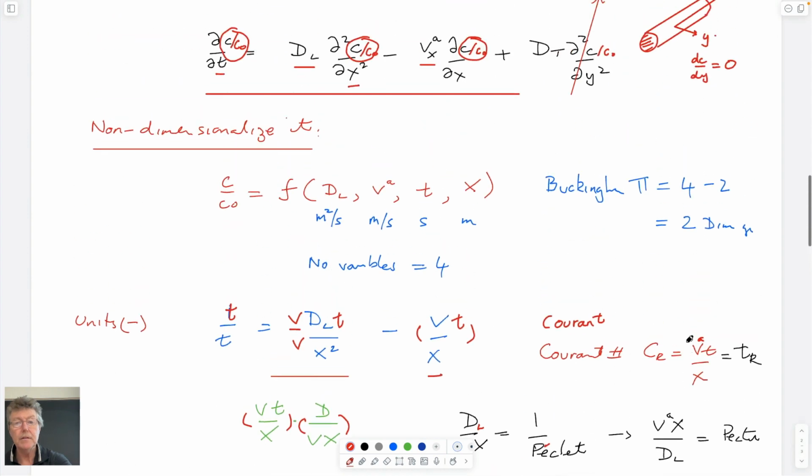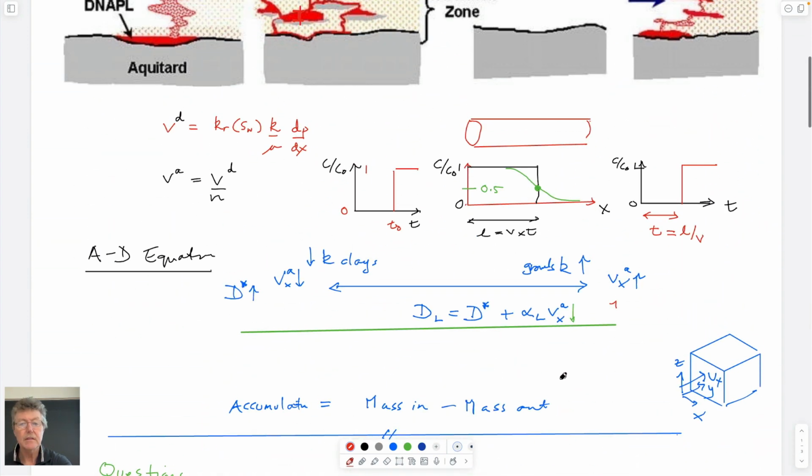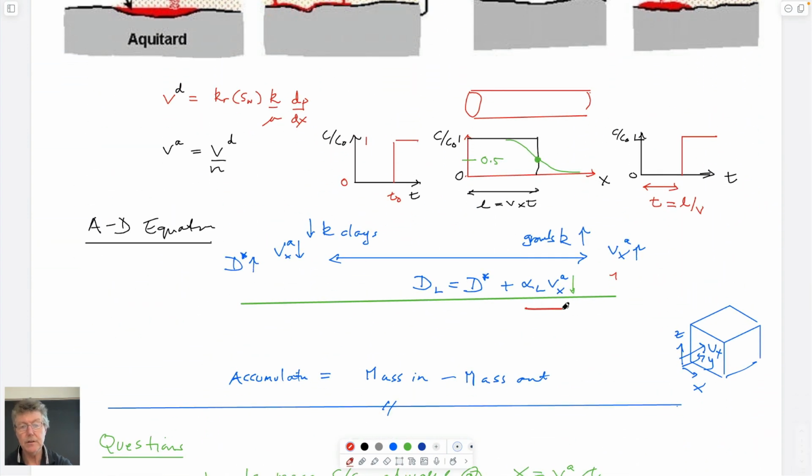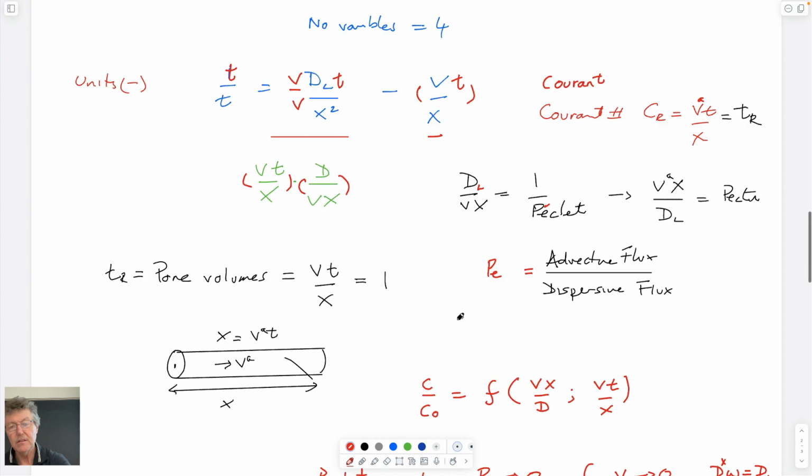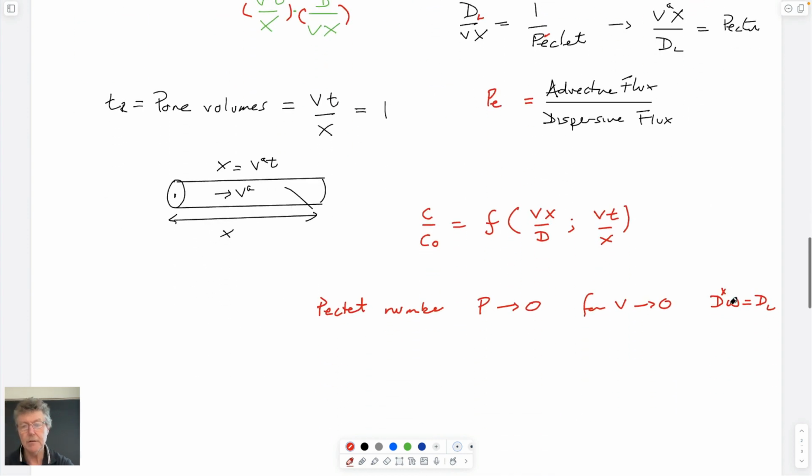So we talked about these terms here being two discrete terms. When the velocity goes to 0, this term dominates, D star. D star was D times the product of this. It's dominated by this.